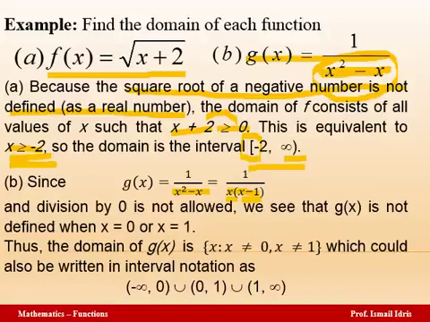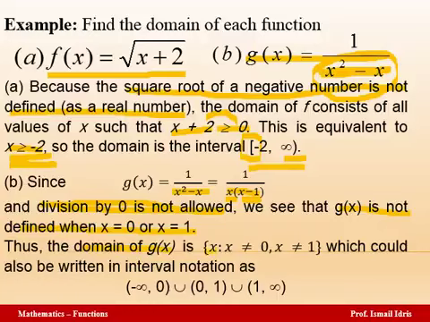So again, what is the rule? The rule is that division by 0 is not allowed. So g of x is not defined when x is equal to 0 or x equals 1. You find the values which make the denominator equal 0. So in that case, what is the domain of this function g of x? The domain is the set of all possible values of x.